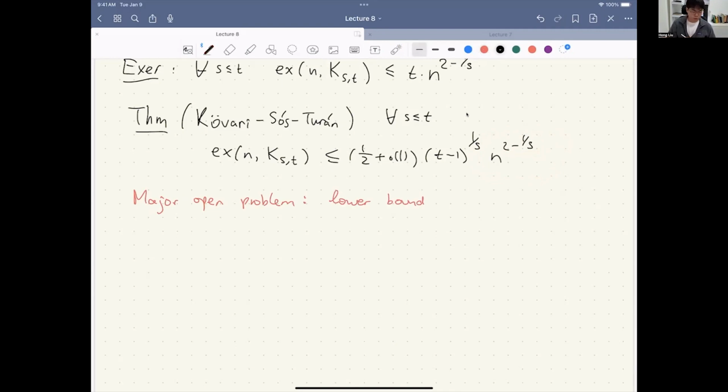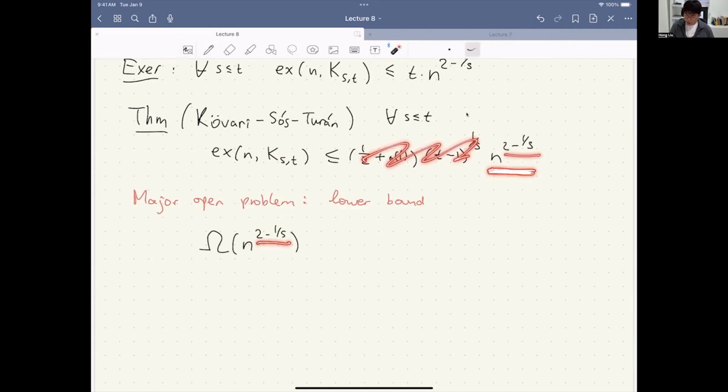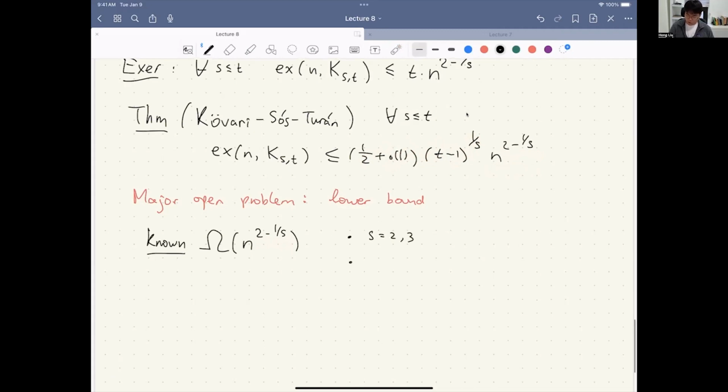What we know is that we have a matching lower bound. If you don't care about the constant up front, look at the behavior of the main term as a function of n, we can get the same power only in the cases s equal to 2, 3, and when t is very skewed, t much larger than s.